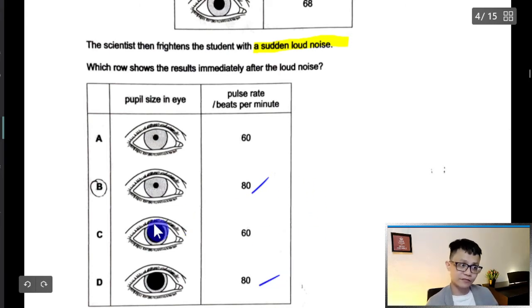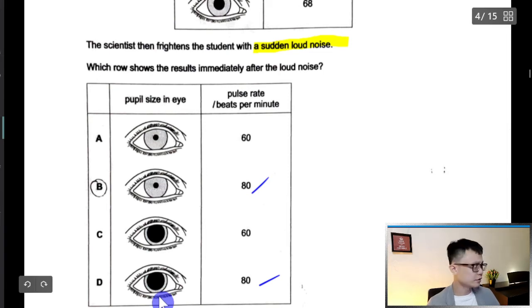Okay, this will be difficult. Pupil size in the eye, I think this one is not in the textbook. As far as I remember, I didn't see anything about the eye, but this is a physiological response. Our eye will respond in terms of pupil size. I have a friend, my teacher last time, who is a doctor.